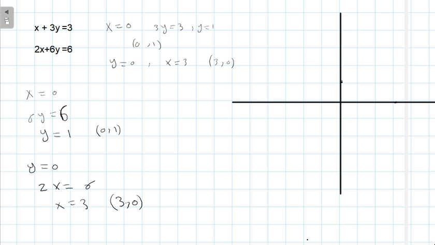As we can see here, both equations represent the same line. So in this situation, this system of linear equations has an infinite number of solutions.